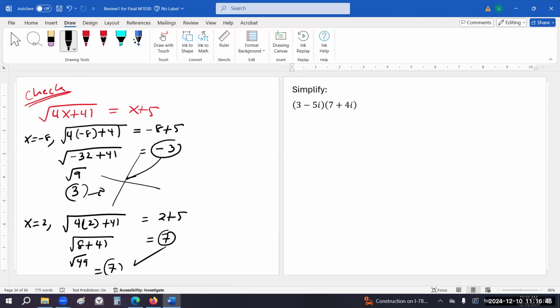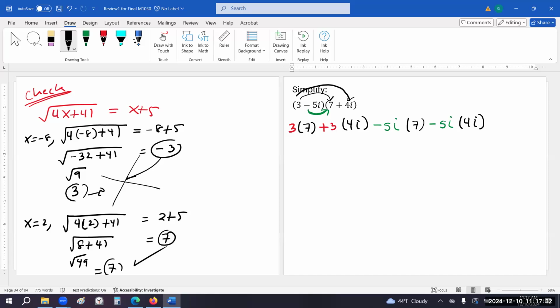We have 3 minus 5i times 7 plus 4i. Well, perfect. So 3 times 7 plus 3 times 4i. Next, we take negative 5i times 7, negative 5i times 4i.